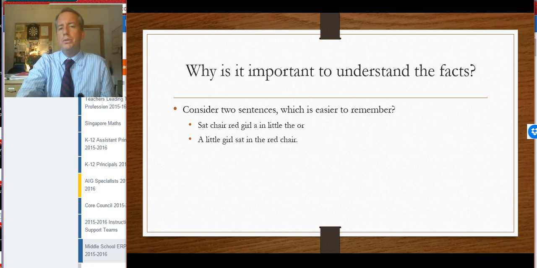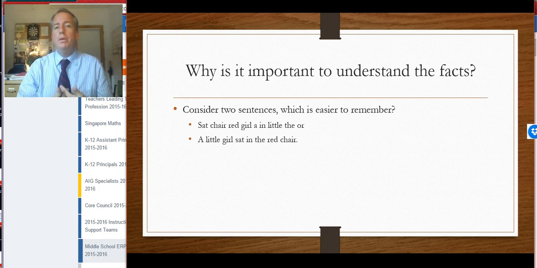Think about what you're doing mentally with that sentence. For myself, I'm picturing my daughter sitting in a chair that happens to be red, and so I can remember that a little girl sat in the red chair. However, if you ask me to remember sat, chair, red, girl, a, little, the, it's all jumbled, right? It doesn't connect to anything.